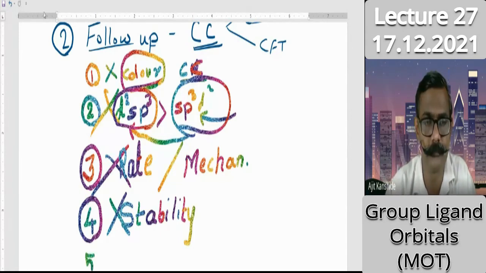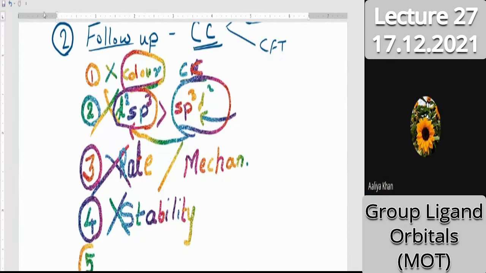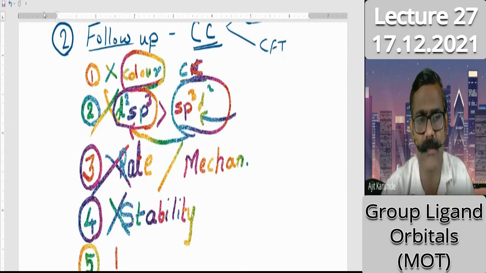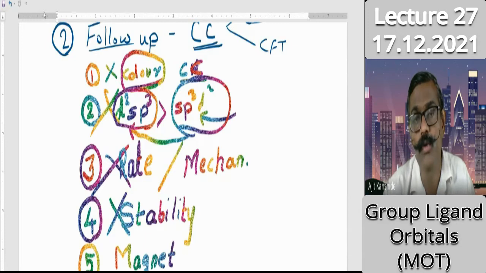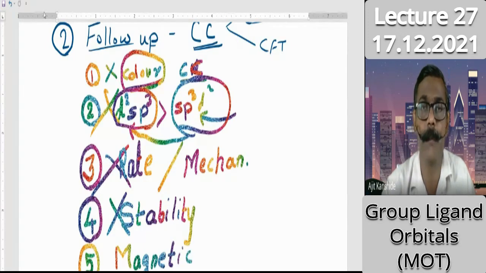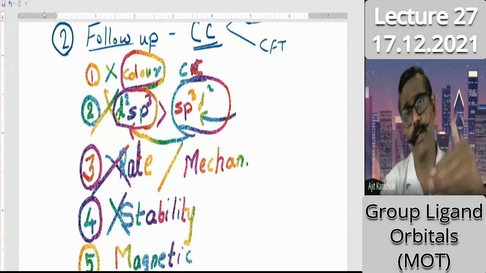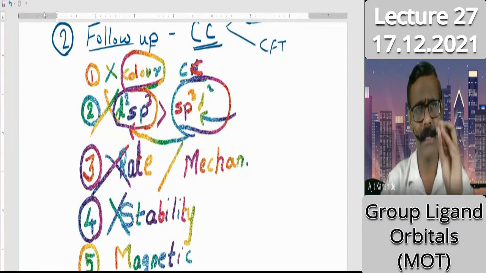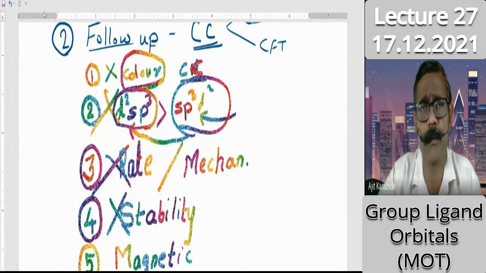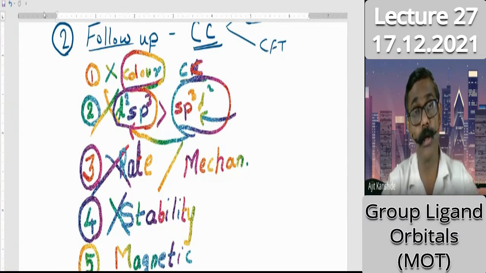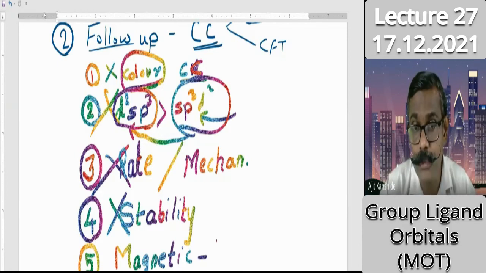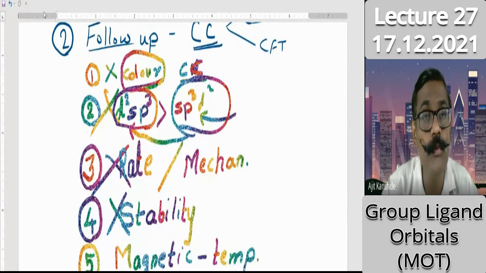Now, the fifth limitation: it cannot account for temperature-dependent paramagnetism of some complexes. Yes, magnetic property it has explained to some extent. If two unpaired electrons are there, then the magnetic moment will be 2.83 or nearby. So magnetic properties are explained to some extent. The spin-only formula was used. But for the same complex, if we change the temperature, the magnetic moment was found to be different.